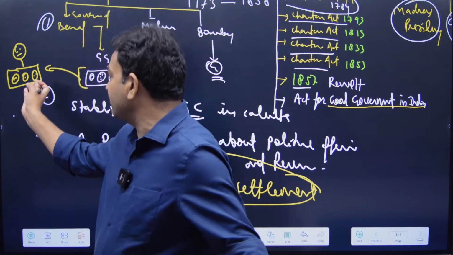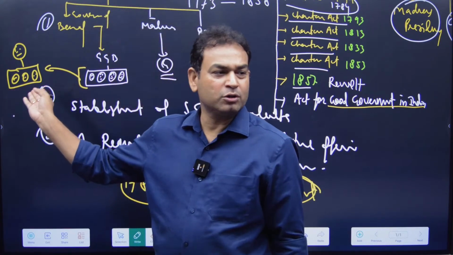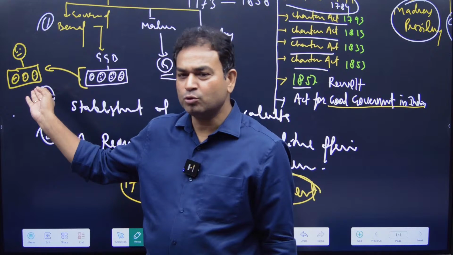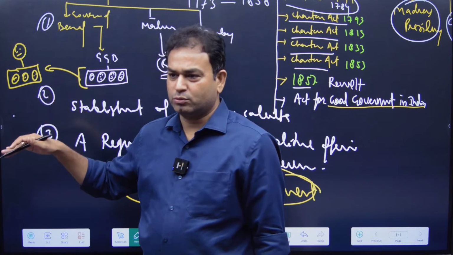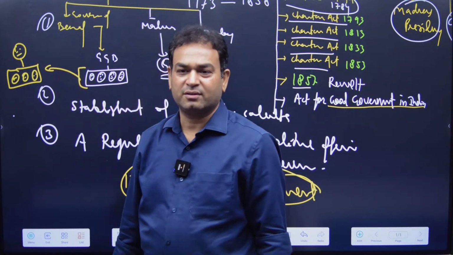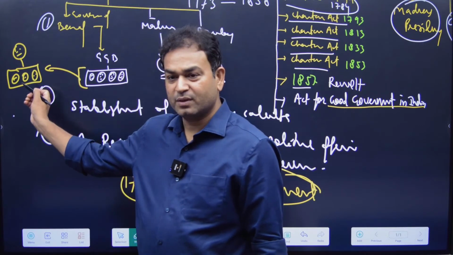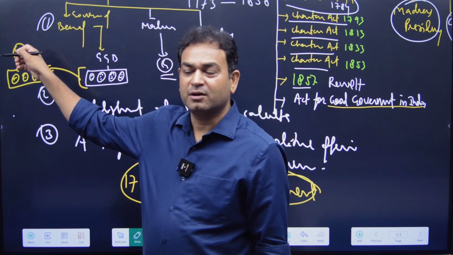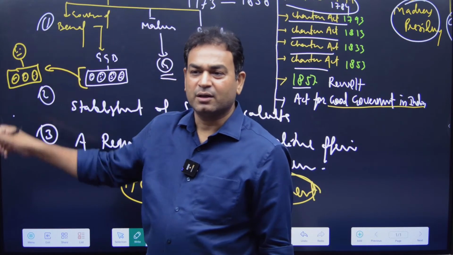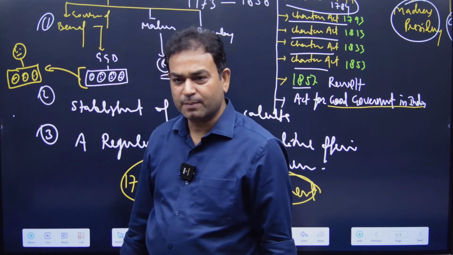Means all the 3 members alone cannot take decision. Although 3 can take decision, but not these 3. The Governor General of Bengal should be included. So one problem is resolved.